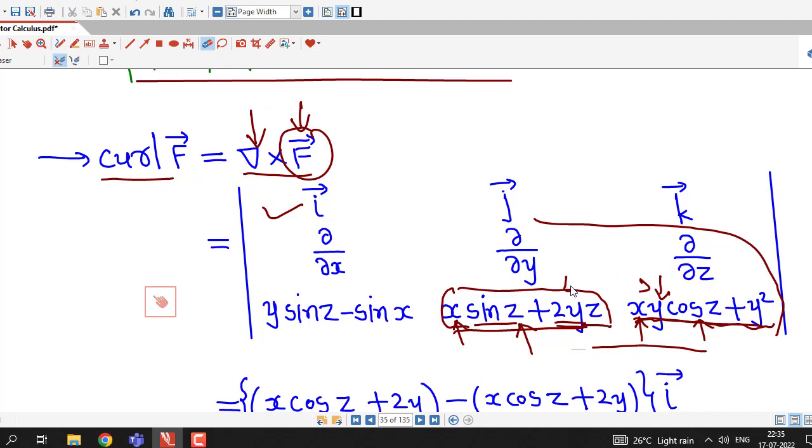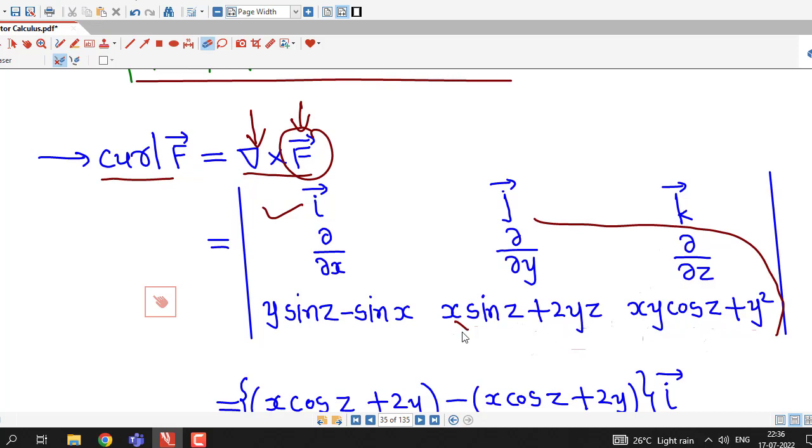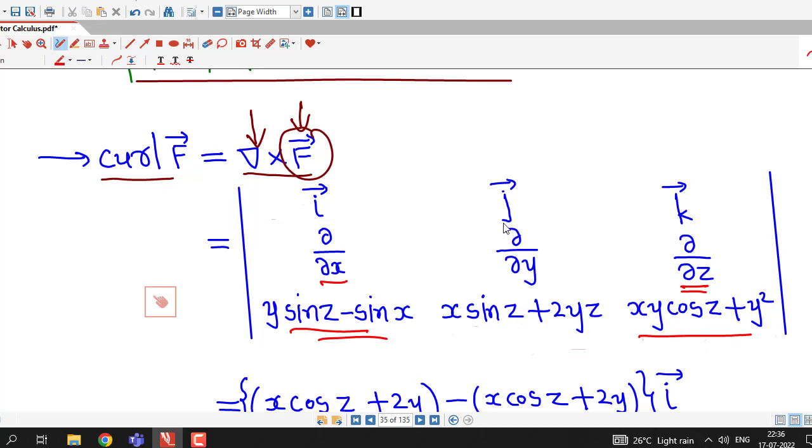Then we consider negative of j bar, and we take the determinant of this 2 by 2 matrix, which is obtained by deleting the second column and first row. So we concentrate on these entries. First we differentiate this quantity with respect to x, considering y and z as constants.